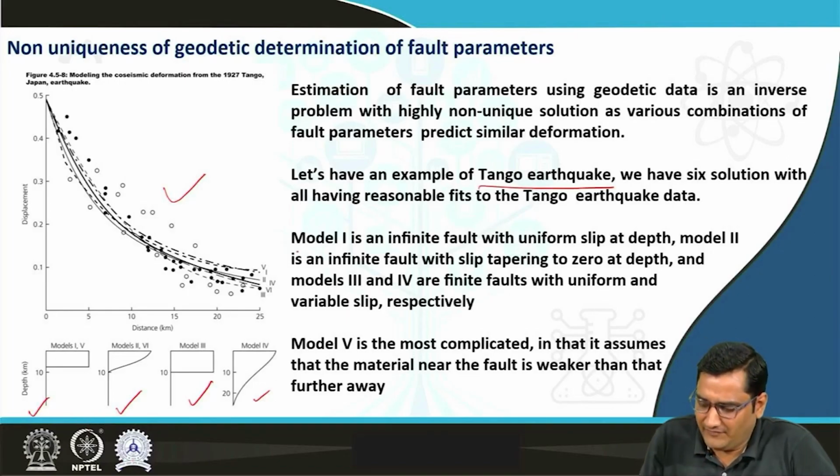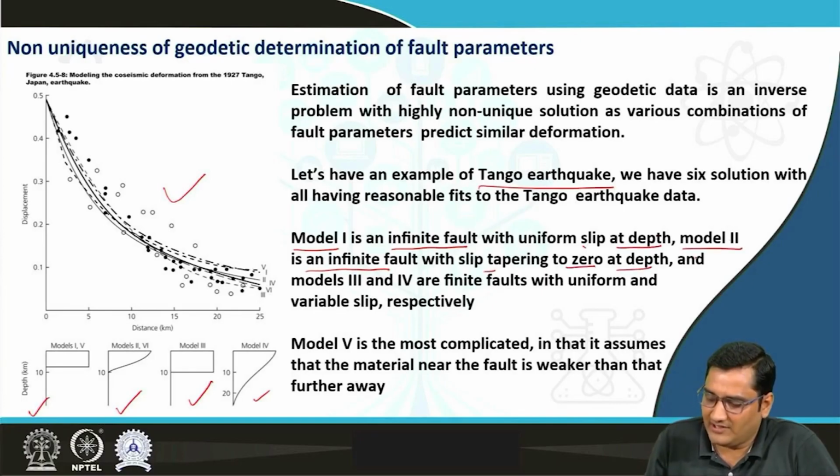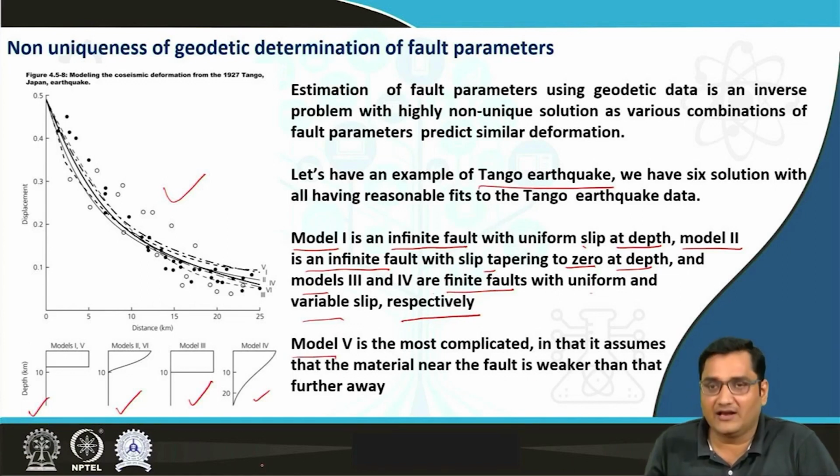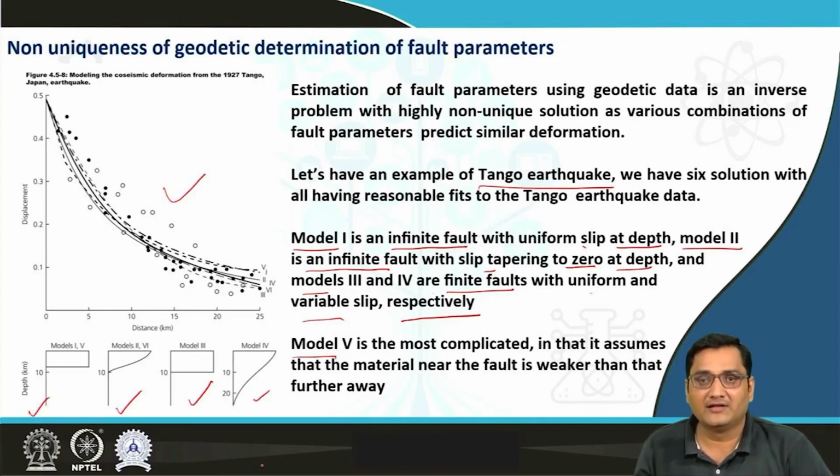Model 1 is an infinite fault with uniform slip at depth. Model 2 is an infinite fault with slip tapering to 0 at depth, and models 3 and 4 are finite faults with uniform and variable slip respectively. Model 5 is a little more complicated in that it assumes the material near the surface is weaker than the material further away.